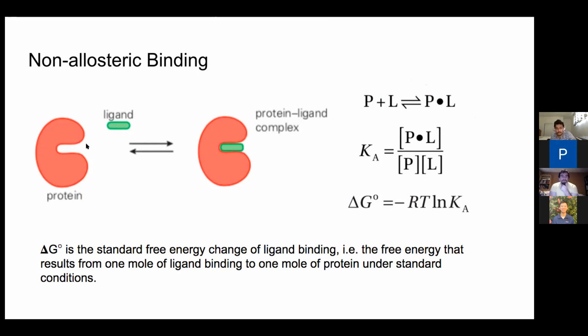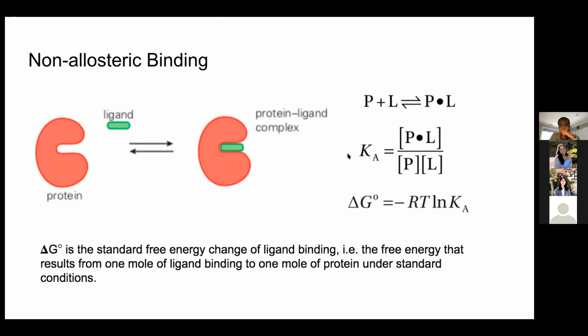If we read it from left to right, so free protein and free ligand form a protein-ligand complex, then the equilibrium constant is known as the association constant, where the protein-ligand complex concentration is on top and the free protein and ligand are on the bottom.